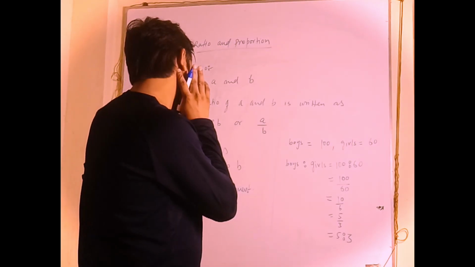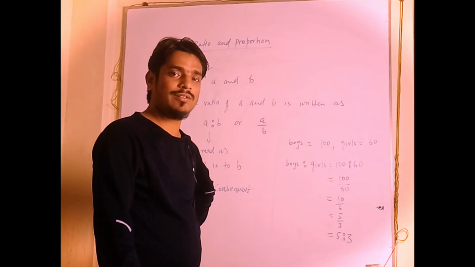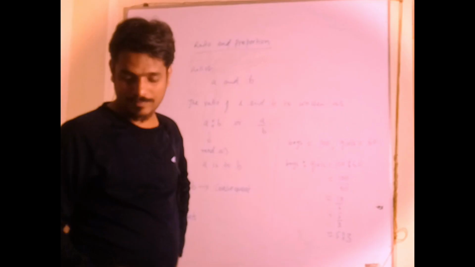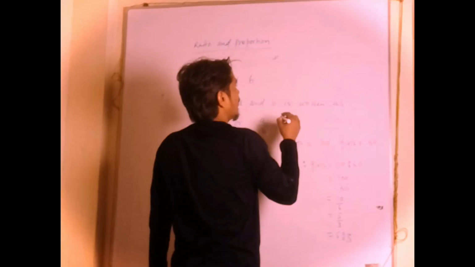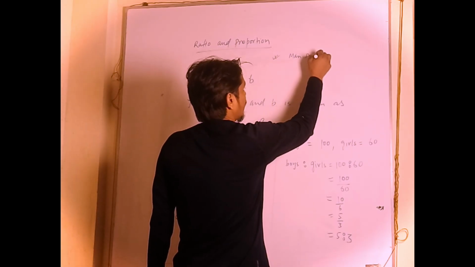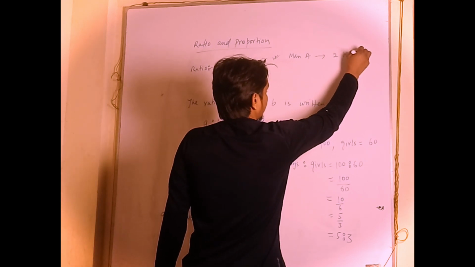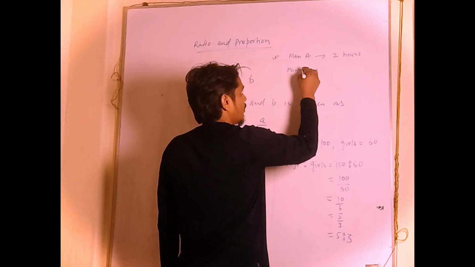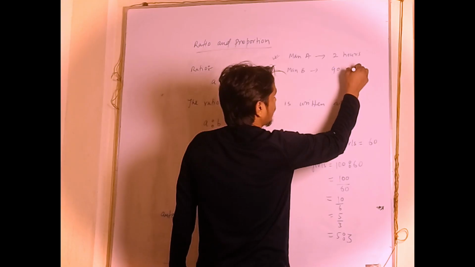Here we just have to understand we are using ratios to compare two things of similar kinds, or things expressed in the same units. For example, let's say man A completes a job in 2 hours, and man B completes the same job in 90 minutes.